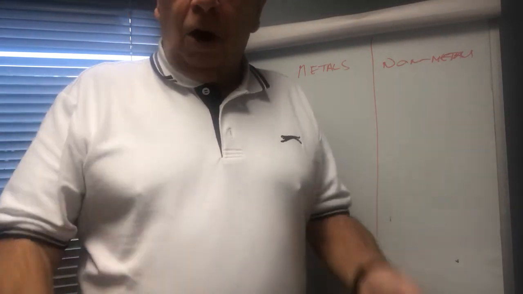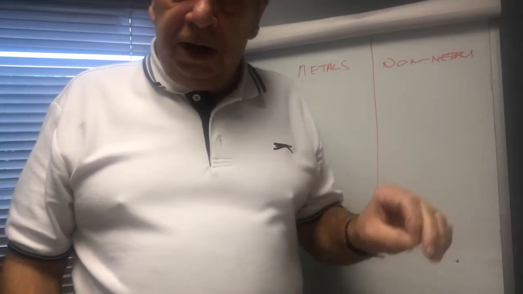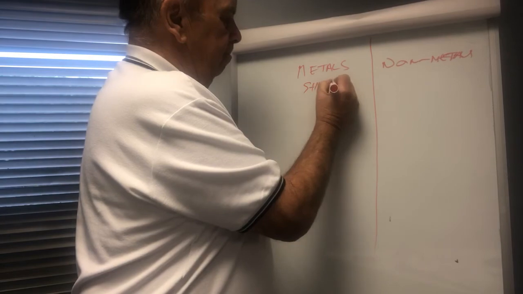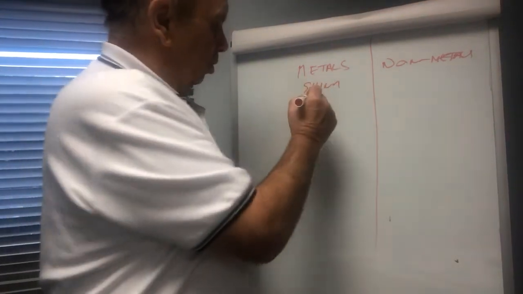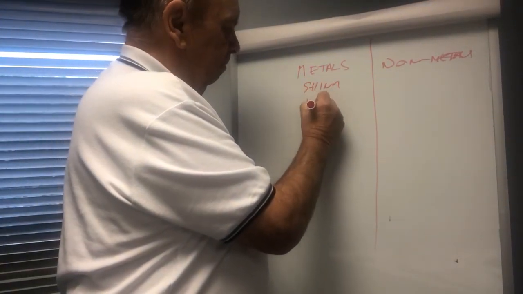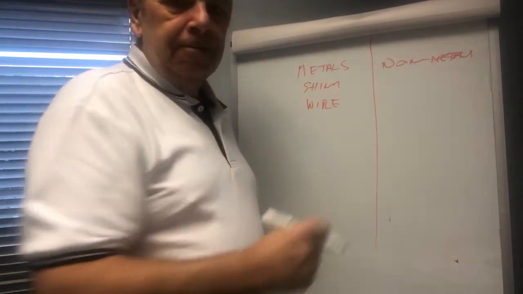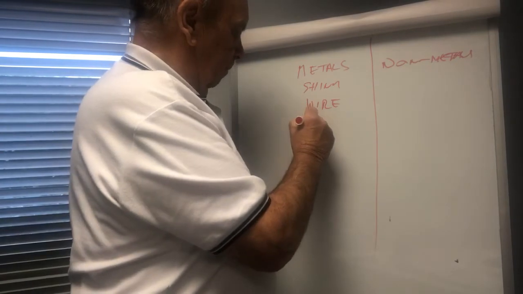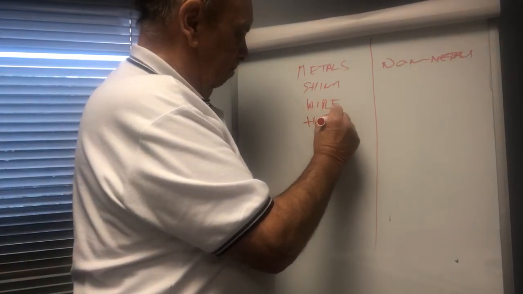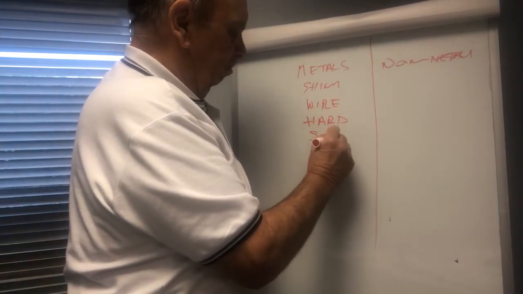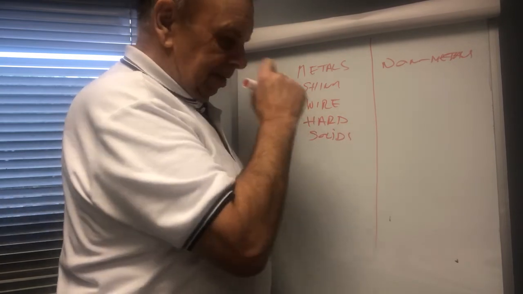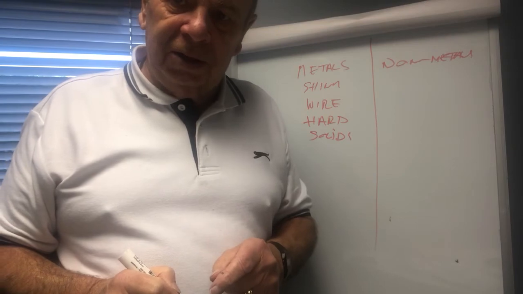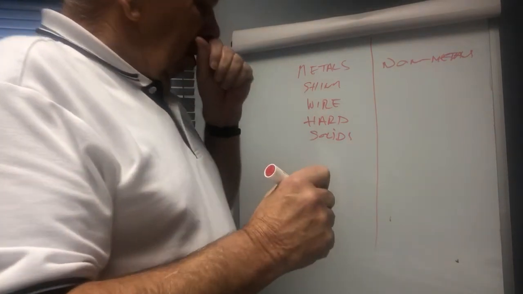Let's take copper. It's shiny. It can be drawn into a wire, ductile. They're hard, they're solids, and they conduct two things.